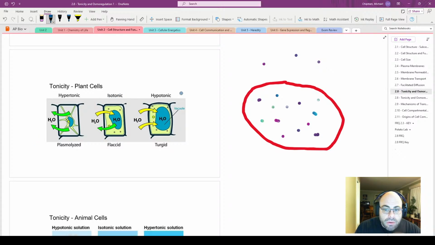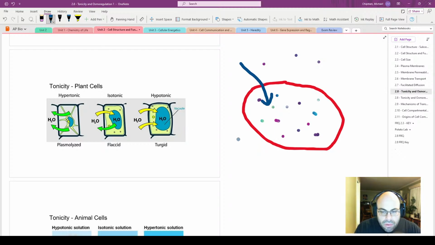Good. And so let's say that this membrane does not allow the passage of galaxy dots, but it does allow the passage of water. Which way is water going to go? Well, it's going to go from a place where there's more water, which is outside, to where there's less water. So water is going to want to go into the cell. What's a rule that I can come up with that doesn't require me to think about galaxy dots?